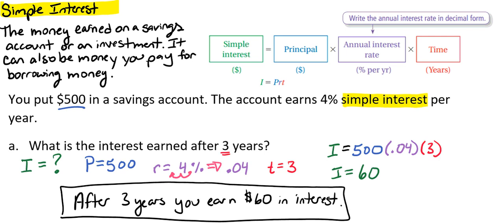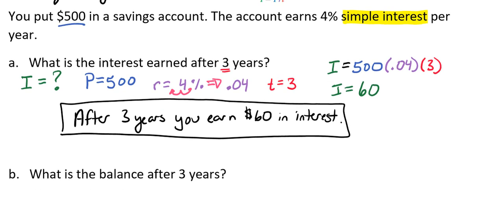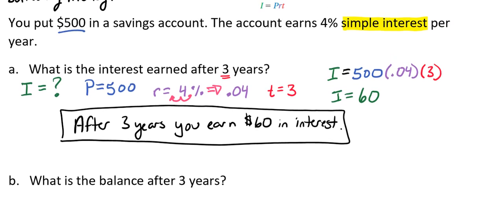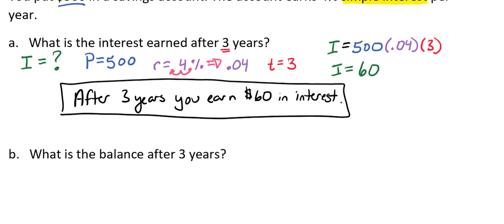Let's talk more about this example. What is the balance after 3 years? So if we want to know what our balance is, this is where we're going to take our original amount, and because we're earning interest, we're going to be adding our earned interest.